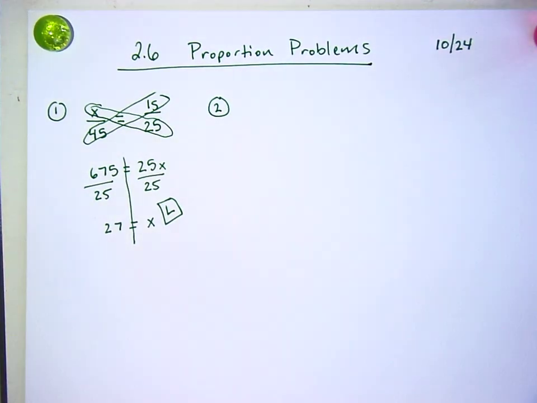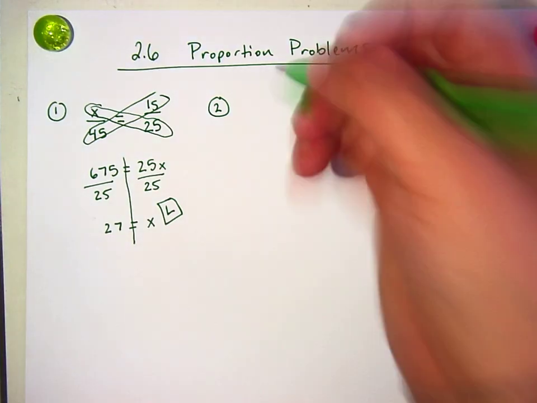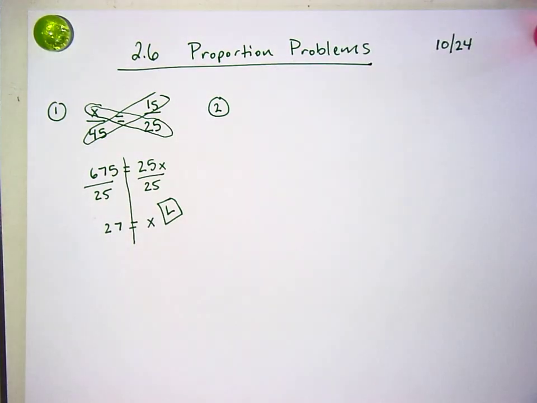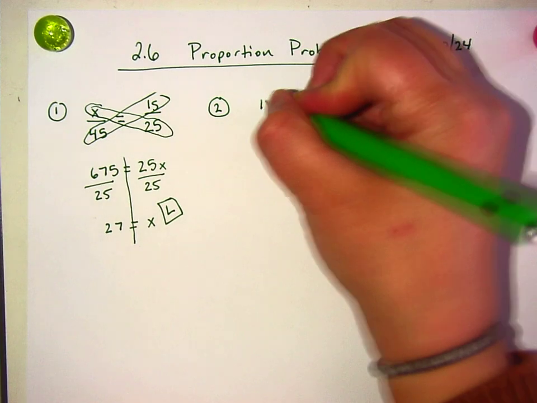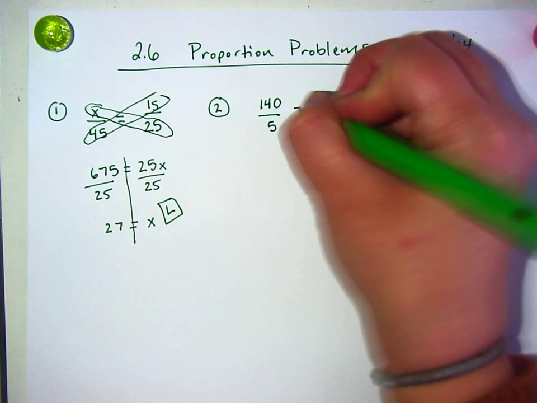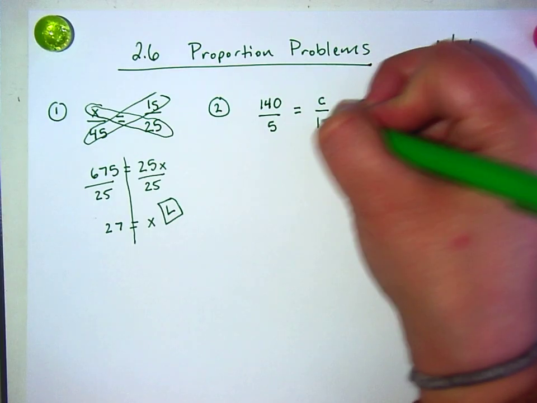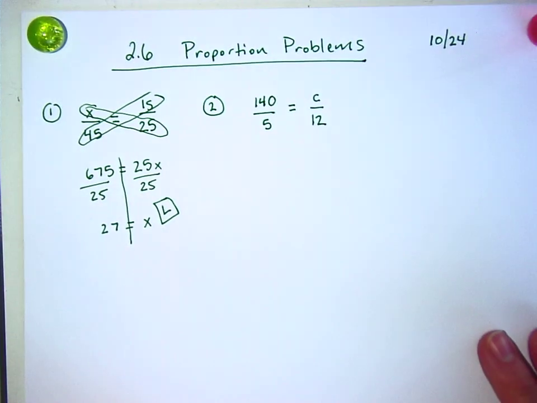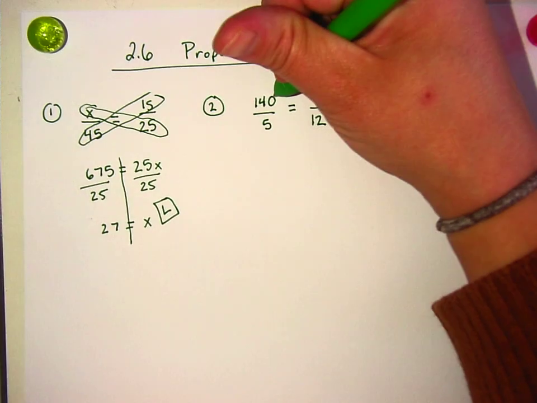Number 2. All right, for this one, I'm going to do 140 over 5 equals C over 12. I'm going to cross multiply, and so should you.